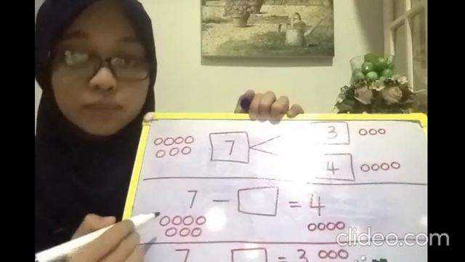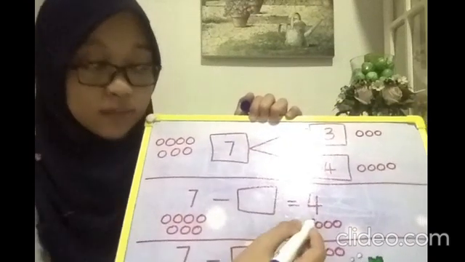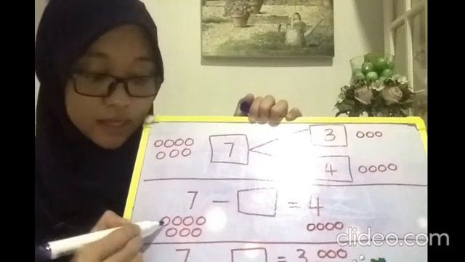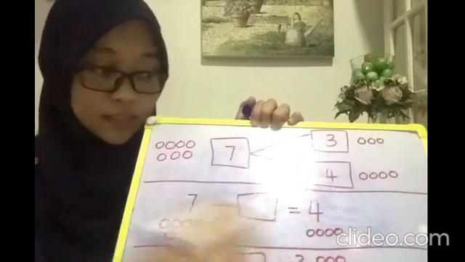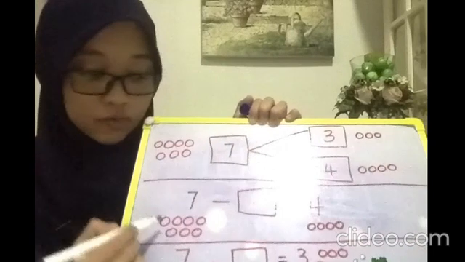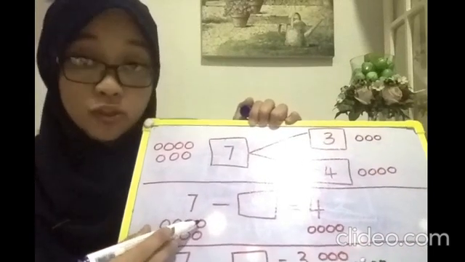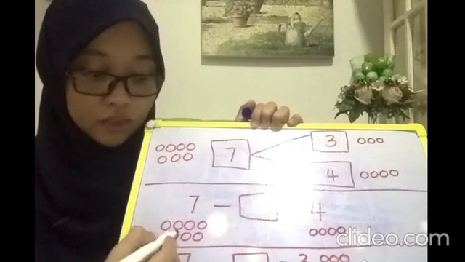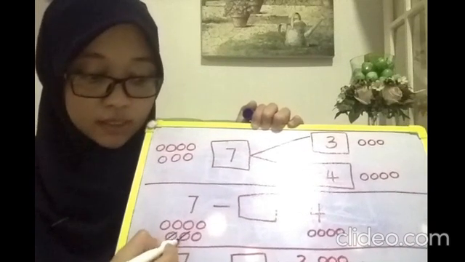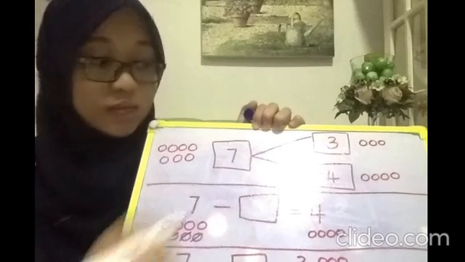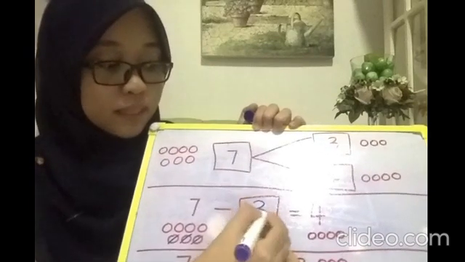This is very important. Please bear in mind, this is 4. We count from 7. Don't cross, just count, okay? Because there's no cross here, okay? So leave it. 1, 2, 3, 4. Stop, okay? Only 4. And the rest you cross. 1, 2, 3. So now we know the missing number is 3.